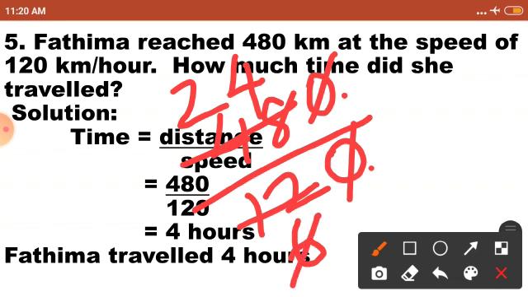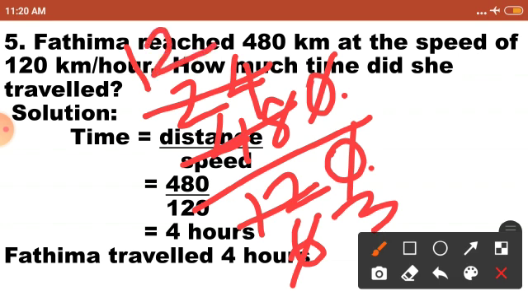So 2 3s are 6. Likewise, in the numerator's place, take the first number, it is 2. So 2 1 is 2. There is no remainder, so move to the next number 4. 2 2s are 4. Now numerator's place we got 12 and in the denominator's place we got 3. So again you can cancel this with 3. 3 1 is 3, 3 4s are 12.